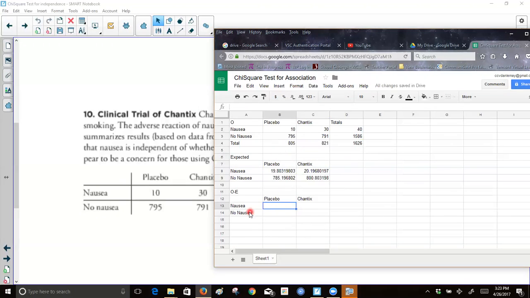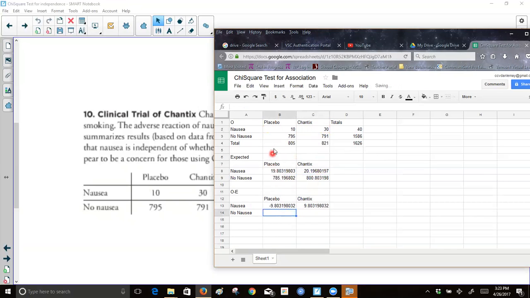So for the first, nausea with a placebo, I had 10 people experience nausea in the placebo. I'm going to take away the expected value for those people. So I'm going to do equals, click on the 10 minus the expected. Of course, you can do that by hand. And we do the same thing here, equals that minus the expected.